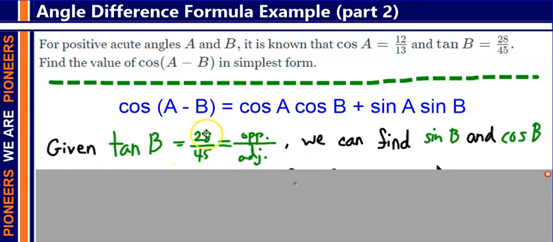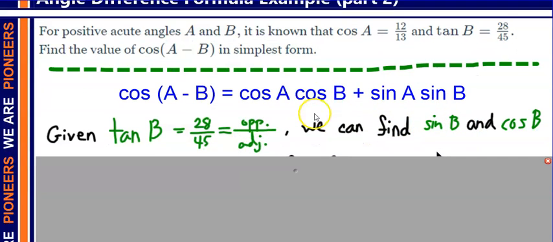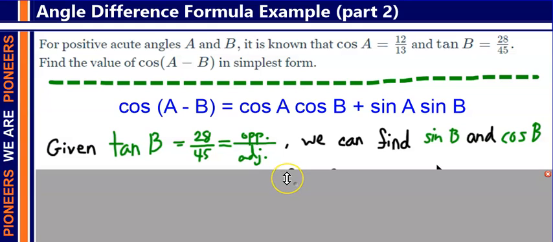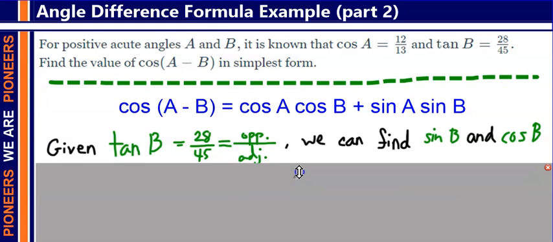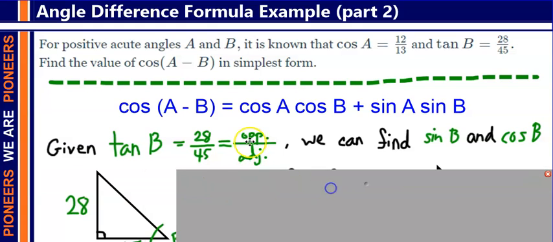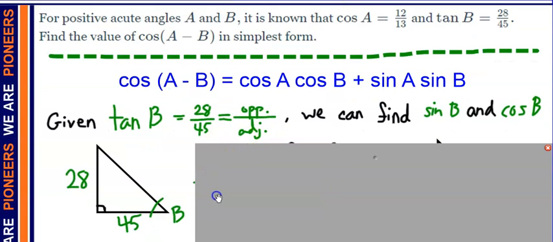So tangent B obviously is not part of this formula, but we know the ratio, 28 over 45, which is the same as opposite over adjacent for a right triangle, which means we can use this to find both sine B and cosine B. Thankfully the work is not much different from the previous slide. We draw another right triangle like we normally do, but this time we don't have the hypotenuse.